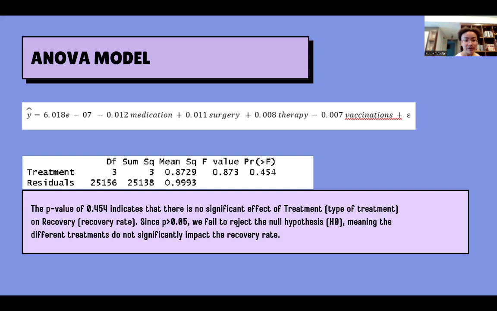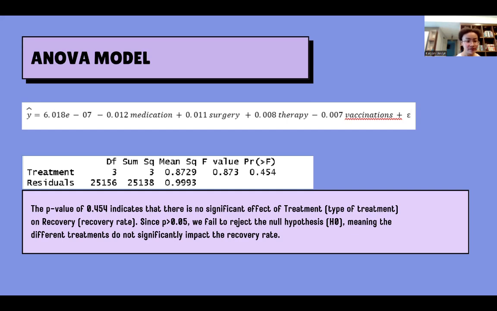So here we have the summary of the ANOVA table. For the treatment, the degrees of freedom is 3, the mean square is 0.887, the F value is 0.87, and the p-value is 0.45.